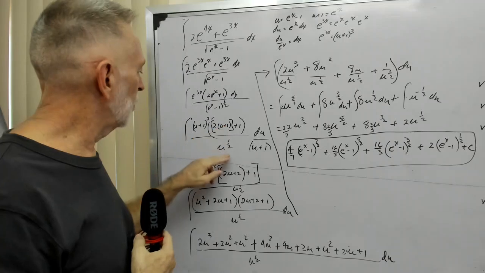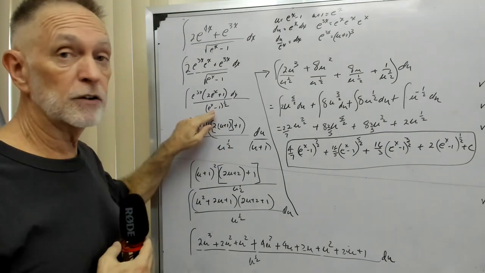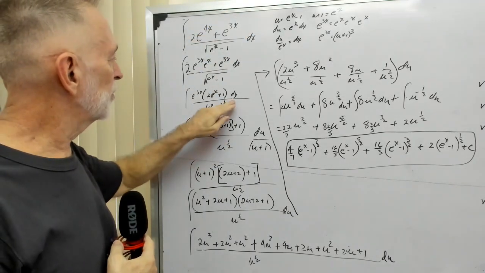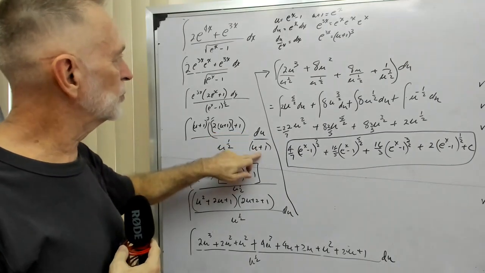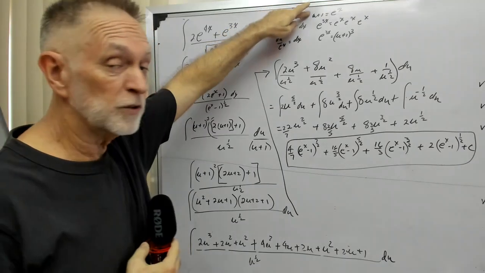And that's all over u to the 1/2. Recall I let e to the x minus 1 equal u. Now I've got to replace my dx with du over e to the x, and e to the x is u plus 1.